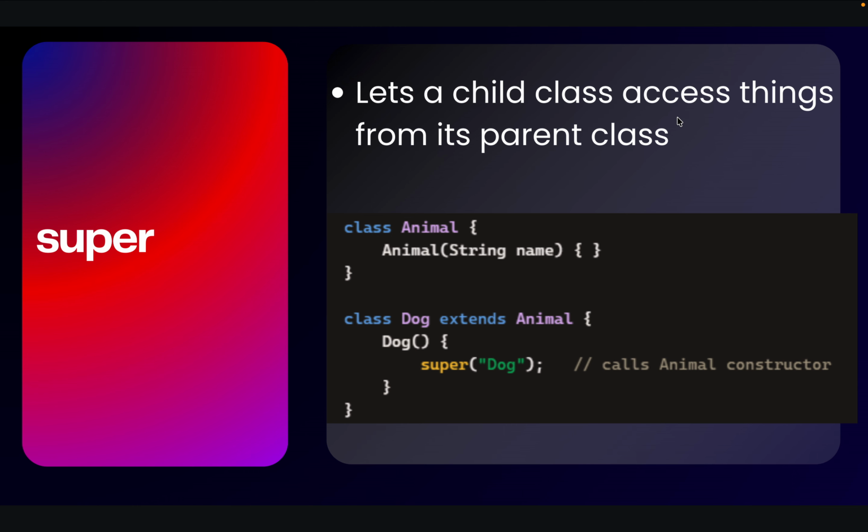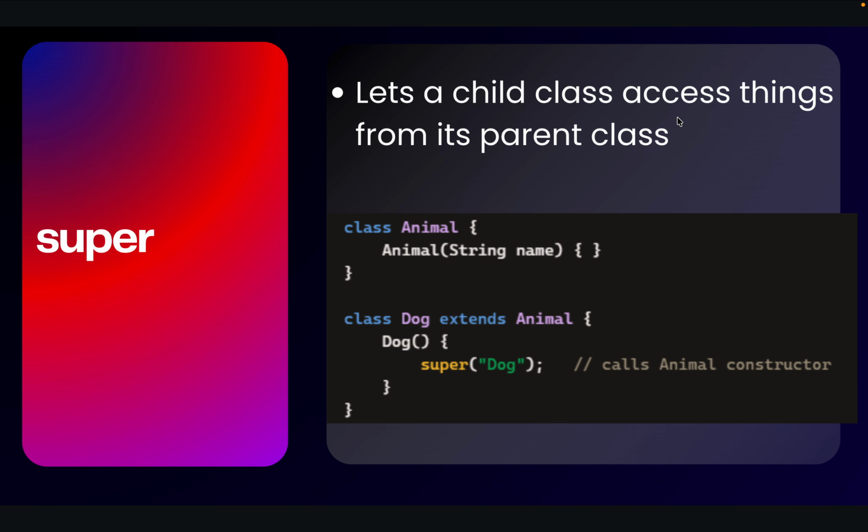So if we take a look at this example, we see that our animal class has a constructor of animal that's going to be taking in a name. And in our dog class, you see that we are calling super and dog. Basically, super is going to be the same thing as calling animal dog.